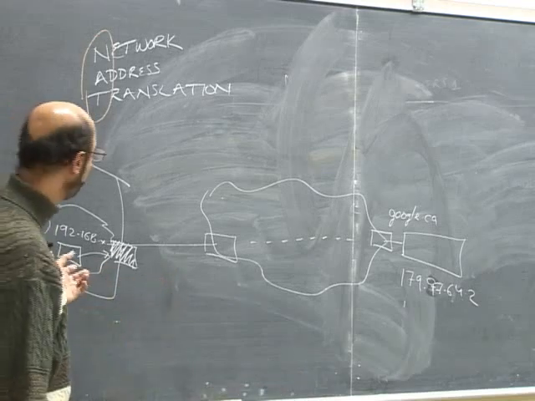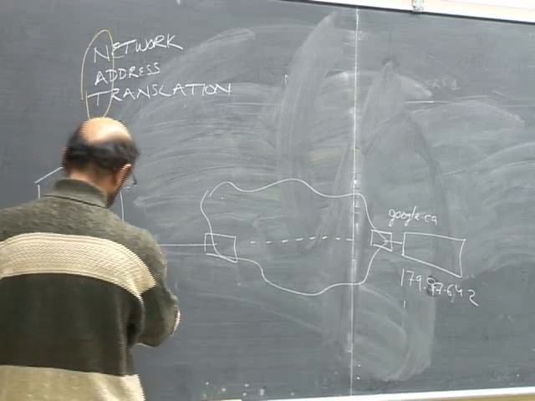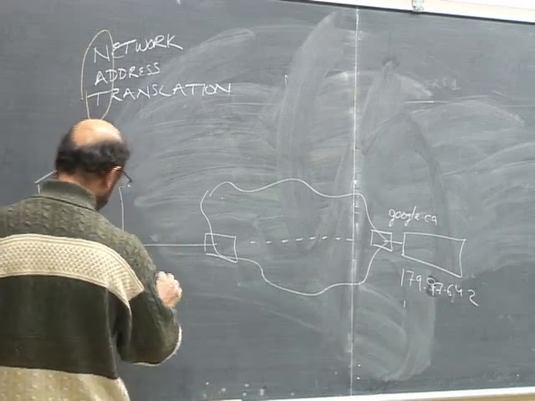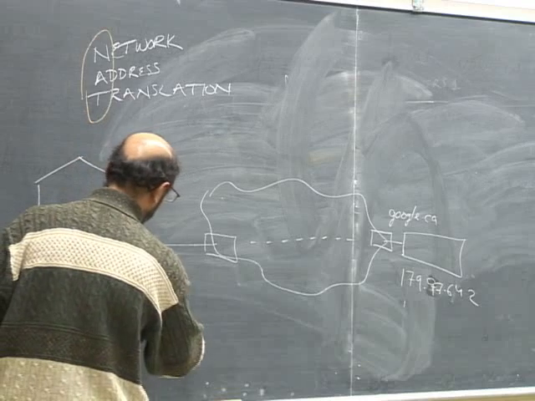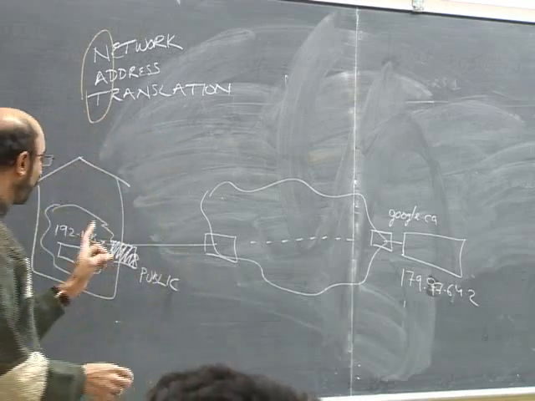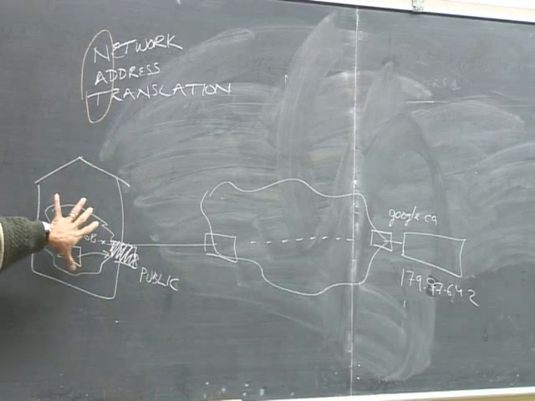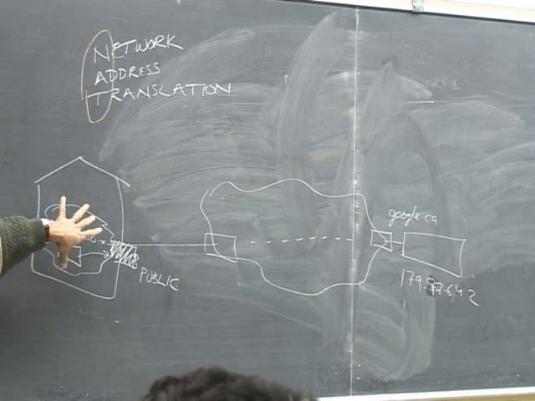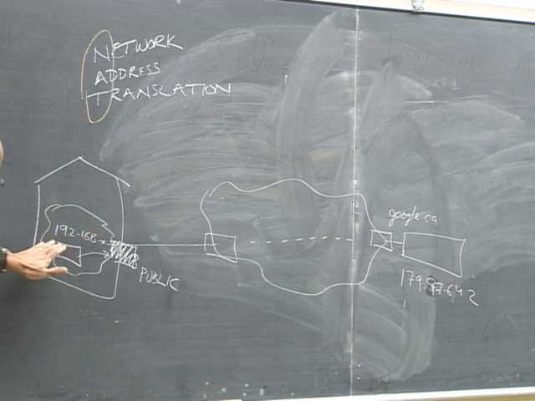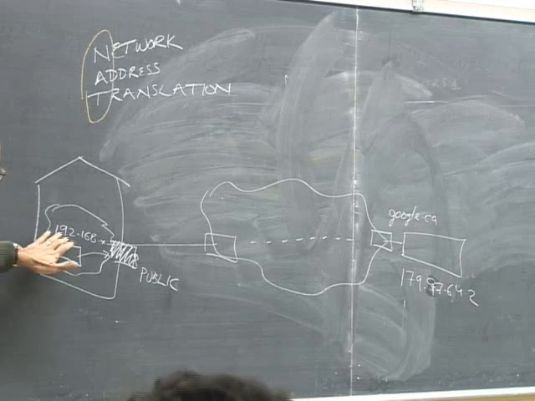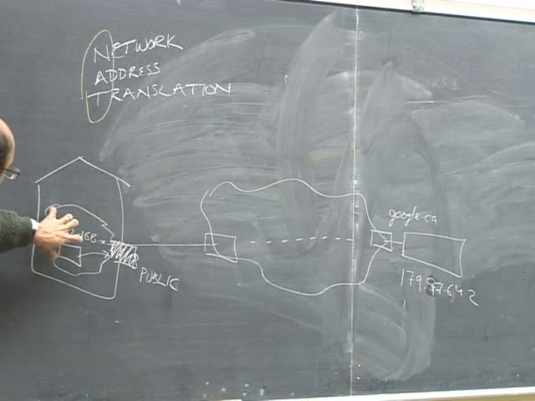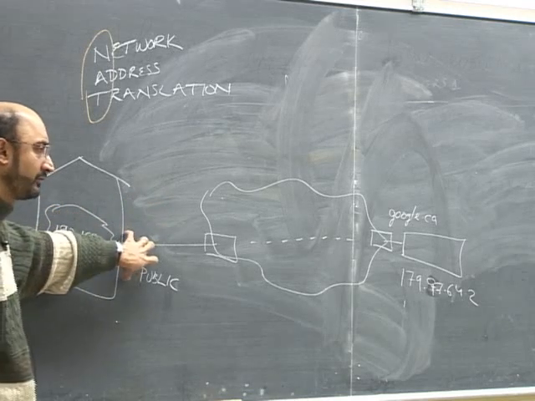So what we do instead is this. This router over here has one public address. It has one public address that is shared by everybody inside the space. So when this message is sent, you take this private address and you give it to this node over here.